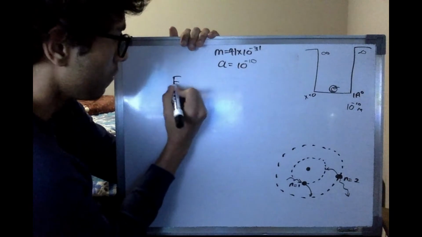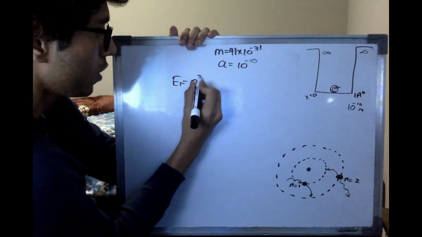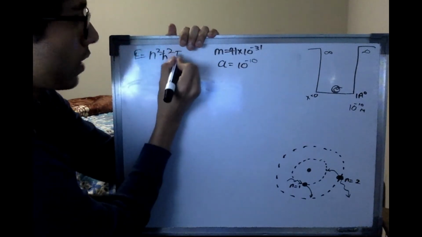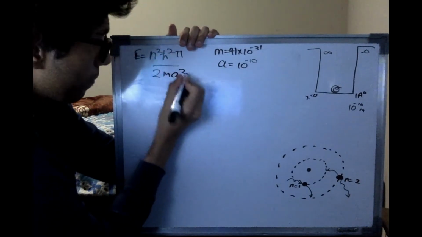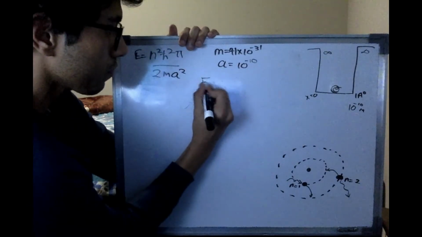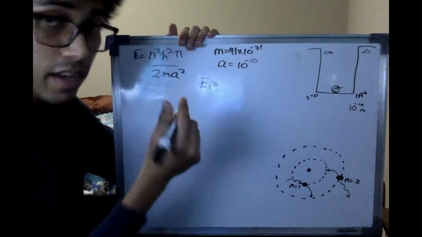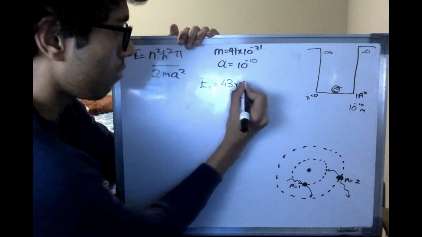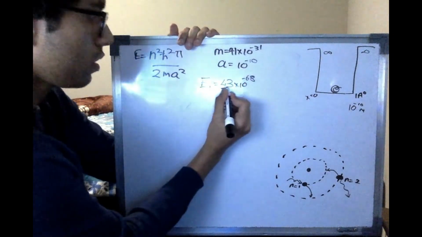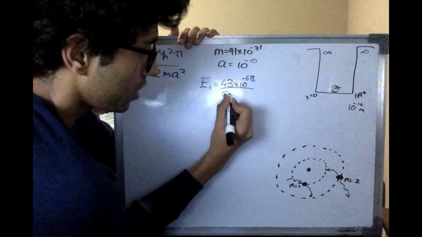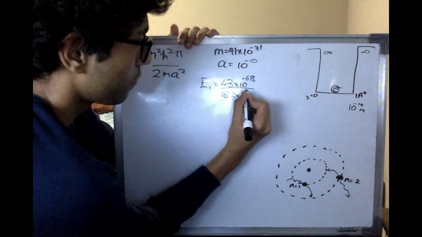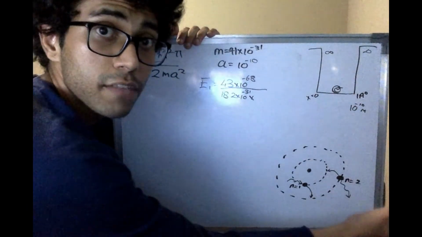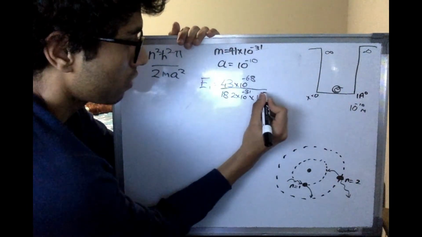So now let's calculate E1 first. You know the formula, E is n square, h bar square, pi square, over 2m a square. So my E1, since my n is 1 here, will be simply h square, which is 43 times 10 to the power negative 68, divided by 2 times the mass, which is 18.2 times 10 to the power negative 31, times a square, where a is 1 angstrom, or 10 to the power negative 10 meters, so times 10 to the power negative 10 twice.